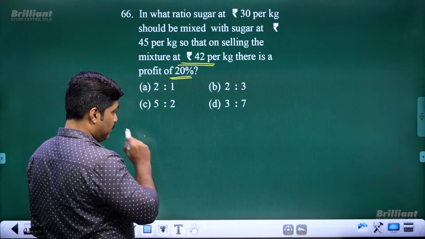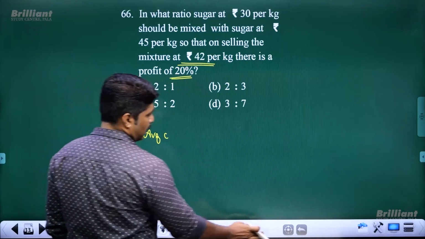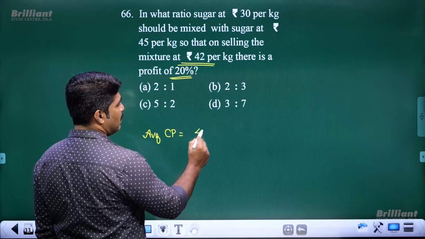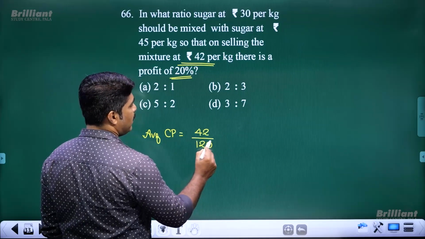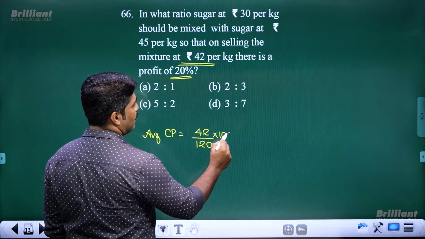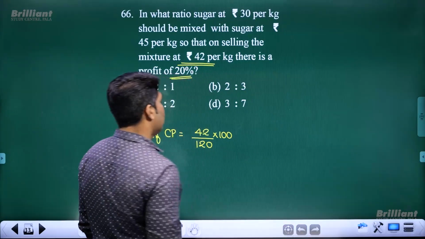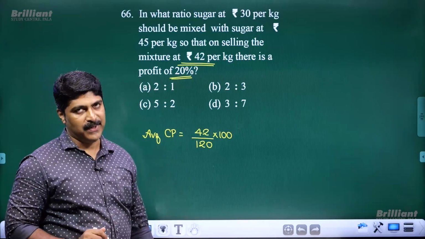Therefore, average cost price is 42 divided by 120 into 100. Got it? That's the direct application because there is a profit of 20%.